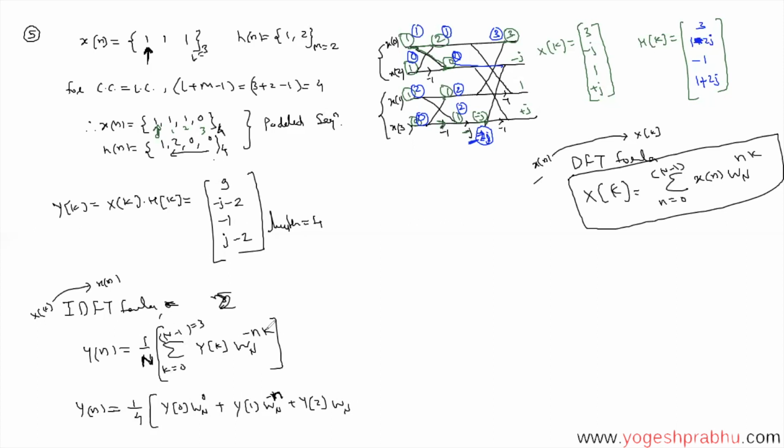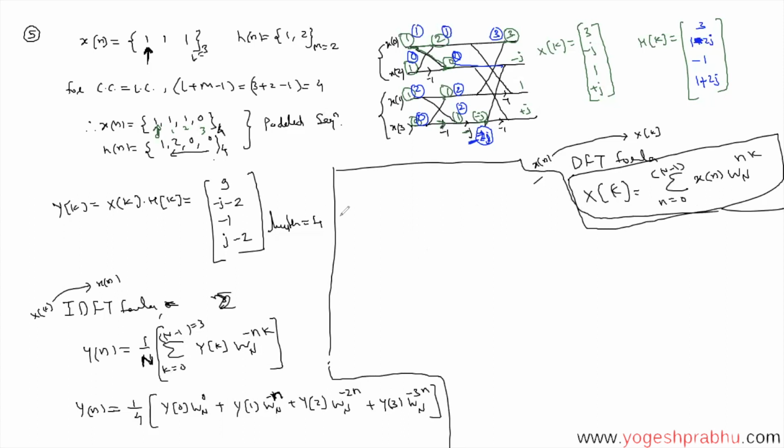Y[2] times W_N to the negative 2n. Y[3] times W_N to the negative 3n. It's just the inverse of what we've done before, so we're just solving the other way around.